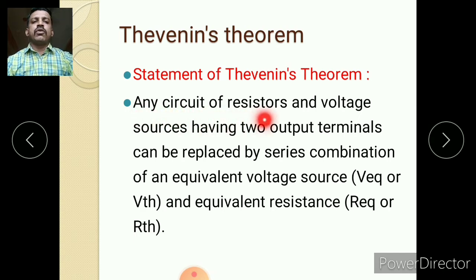If any circuit having two output terminals can be replaced by a series combination of equivalent voltage source, it is known as equivalent voltage source VEQ or VTH, that is Thevenin's voltage source, and equivalent resistance REQ or RTH, that is Thevenin's resistance.